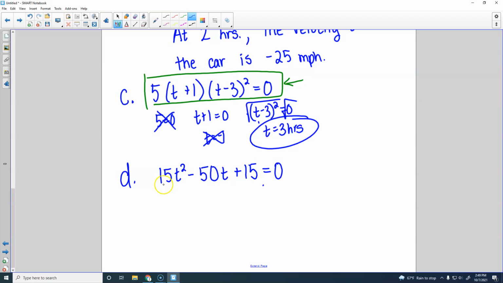And this is just a quadratic. I'm going to divide everything by 5 so that I don't have to deal with the bigger number. So I got 3t squared minus 10t plus 3 equals 0.